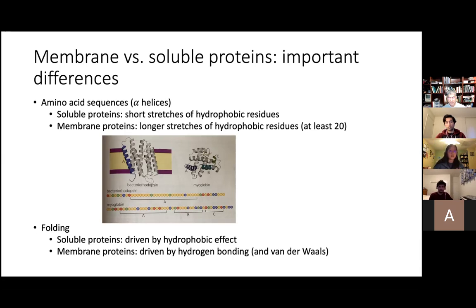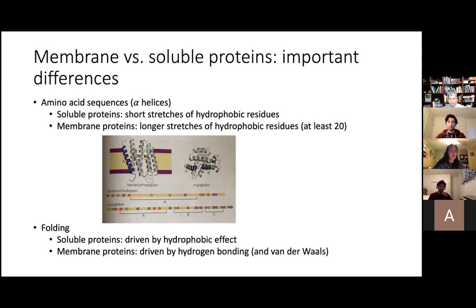If you have short stretches of hydrophobic residues that are interrupted by hydrophilic residues, then this likely means that the alpha helix is an amphipathic one, and that is usually found in soluble proteins. But if you have longer stretches of hydrophobic residues, and the rule of thumb is at least 20, then it's probably part of a membrane protein.